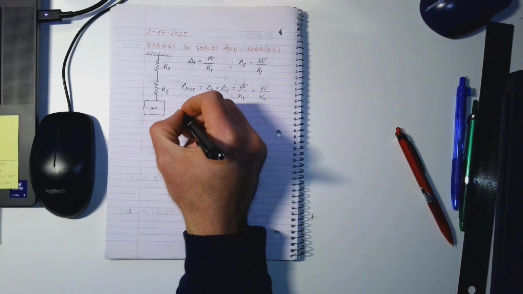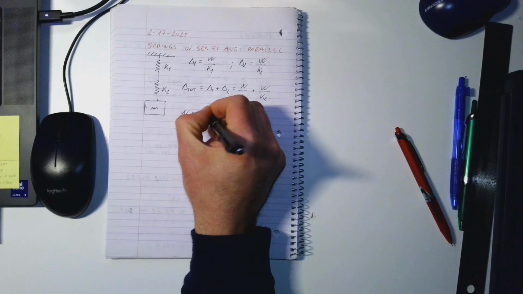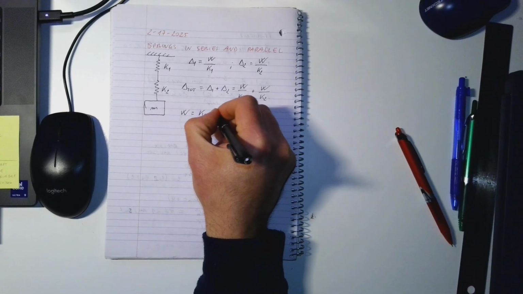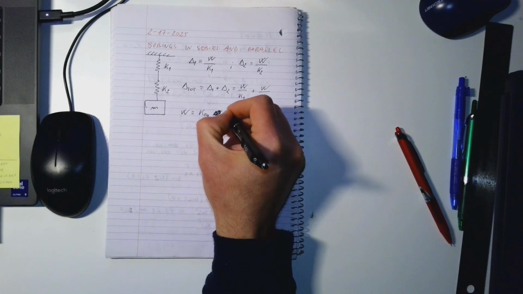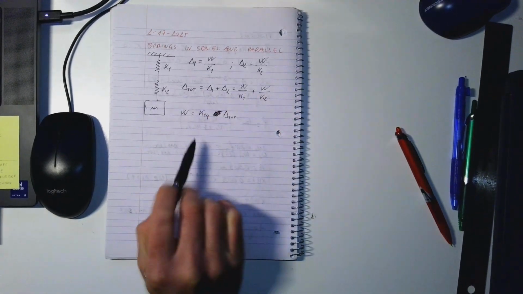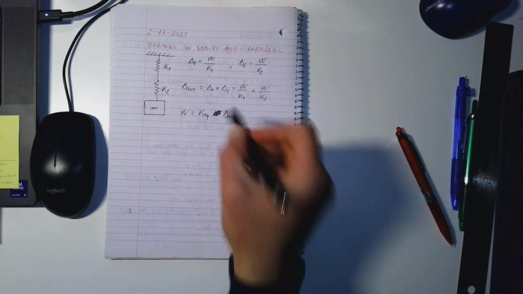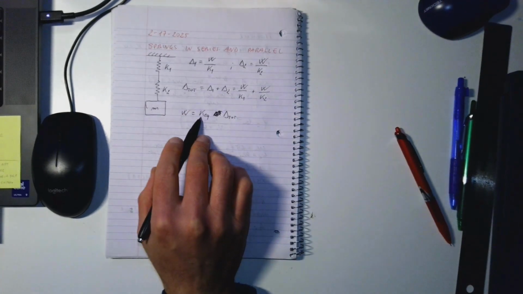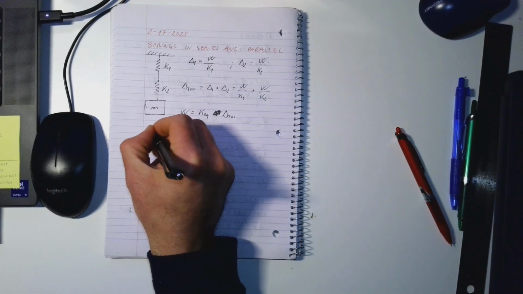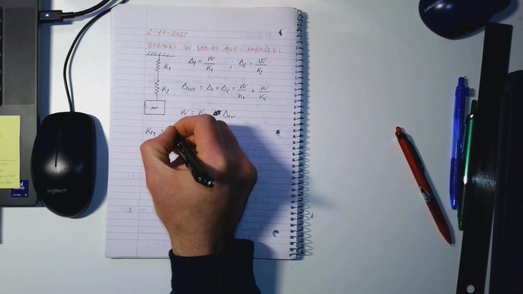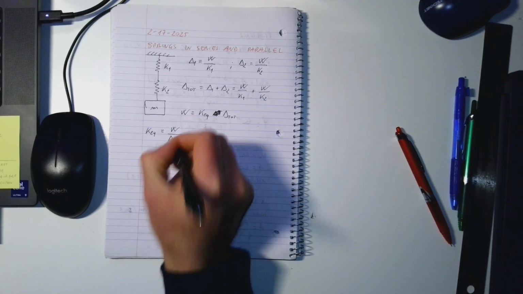So we'll have that the force is equal to K equivalent multiplied by the total displacement, which means that we can obtain from here the expression of K equivalent, which is equal to the weight divided by the total displacement.